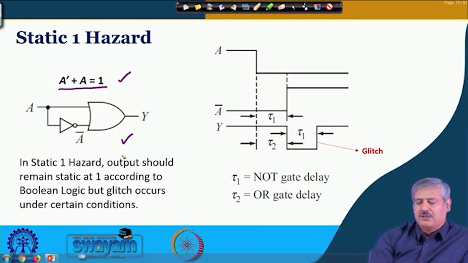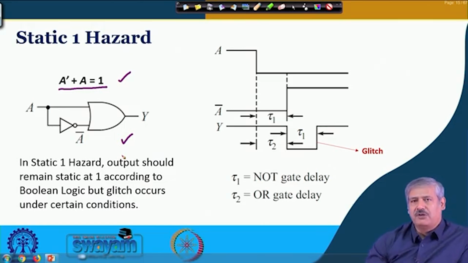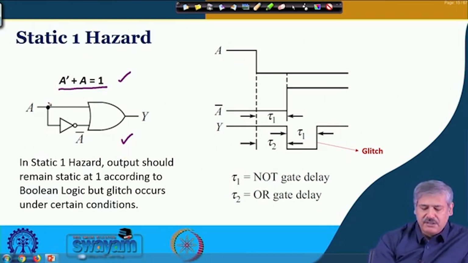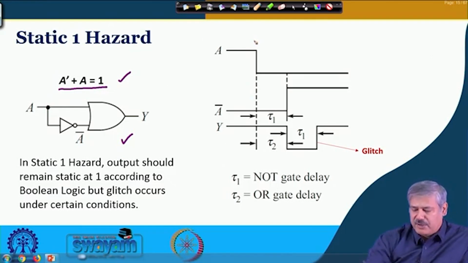Now, whatever we just mentioned, let us put it in the form of a diagram for this particular circuit. So, this is A going from 1 to 0 at this time point. Because of this, A bar will go high after the corresponding propagation delay, logic low to high.